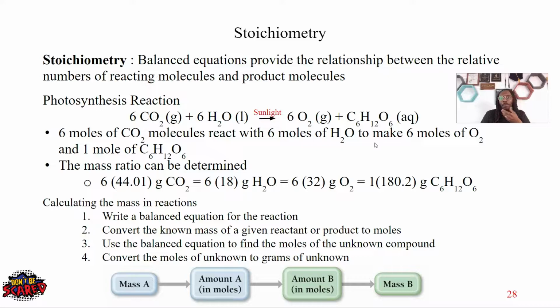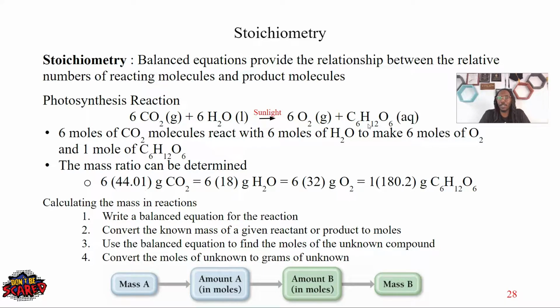We need to understand our chemical equation. As we mentioned before in our previous videos, this coefficient means that I have 6 moles of CO2 molecules reacting with 6 moles of water molecules, producing 6 moles of oxygen molecules and 1 mole of my fructose.